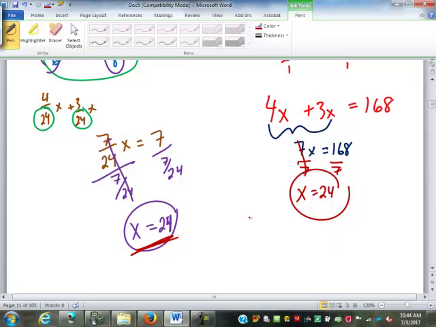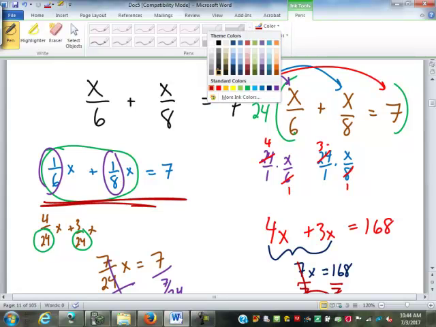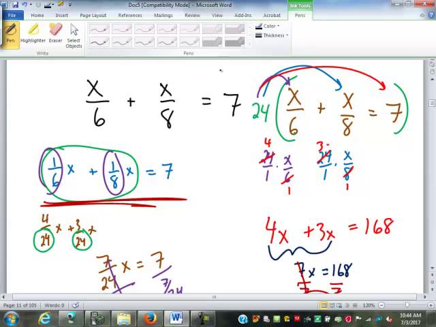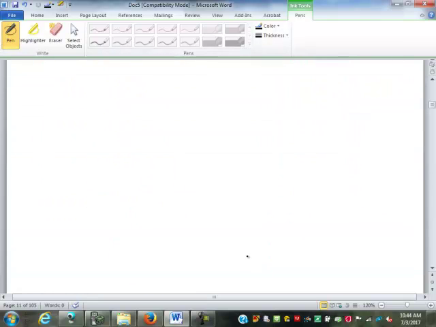So there, again, it might be easier to multiply by the 24 and get rid of the fractions. It might be easier just to work with the fractions. It all depends on your point of view. There are going to be some equations that start to get a little easier to multiply out by the least common denominator. They might look like this.